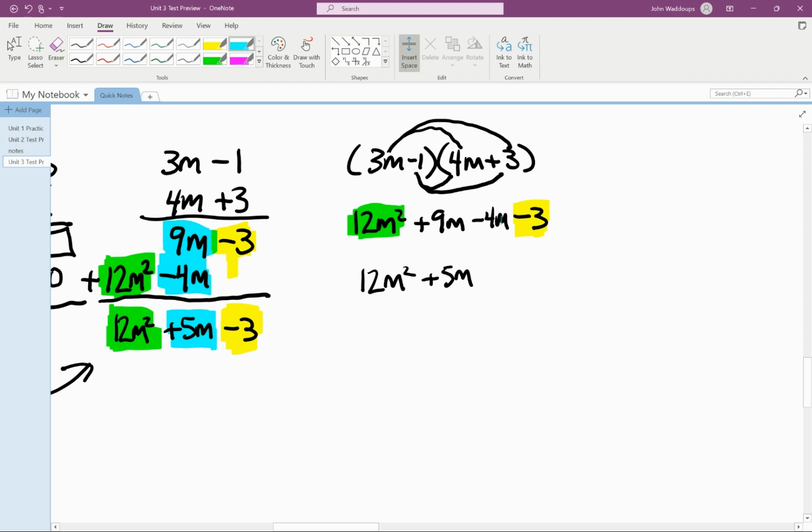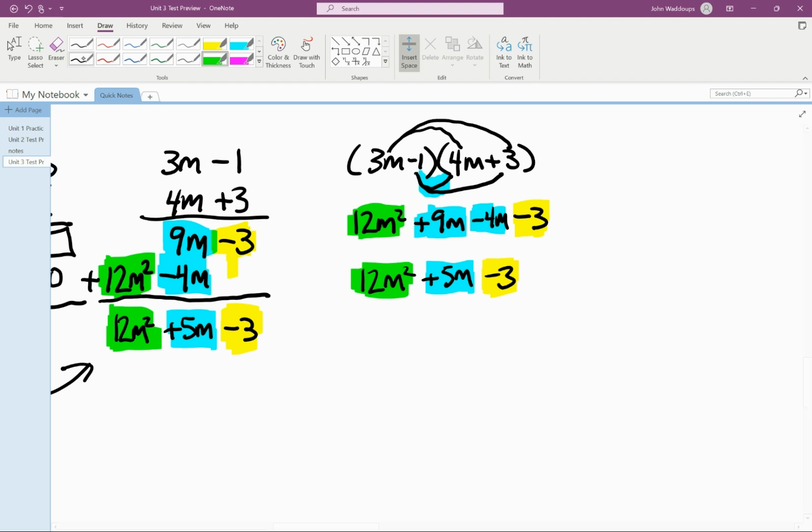This minus 4m comes from minus 1 times the plus 4. That's minus 4m. And then 3m times 3, that's the 9m. So 9m minus 4m is plus 5m. And then my minus 3 is still minus 3. My 12m squared is there.